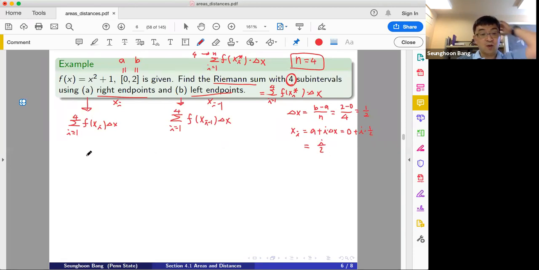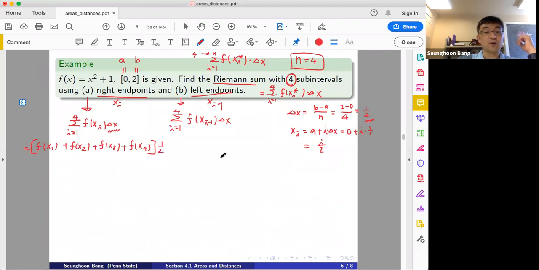So let me see the first one. You have to expand. We have f of x1 plus f of x2 plus f of x3 plus the last one, plugging 4 into i, f of x4, times delta x. Delta x is 1 over 2.